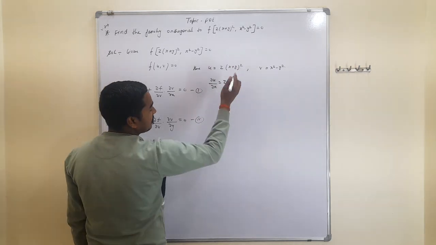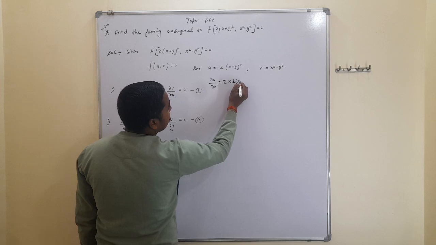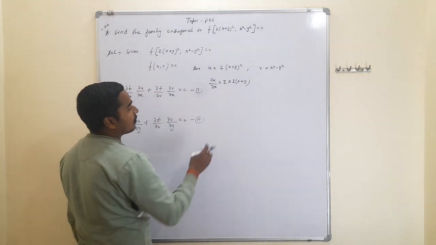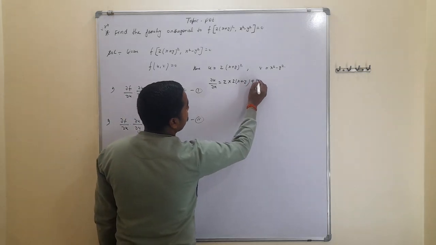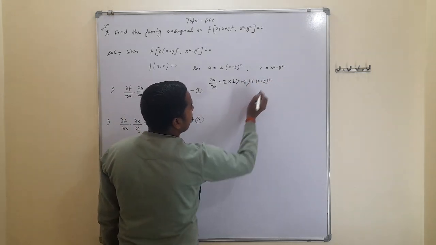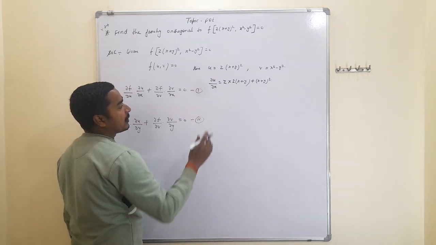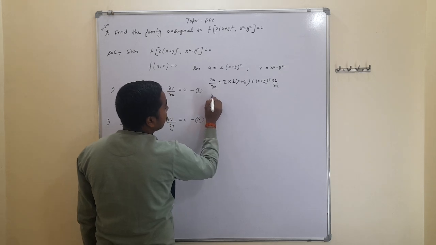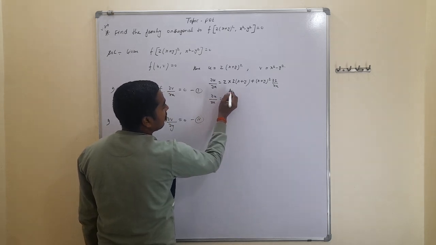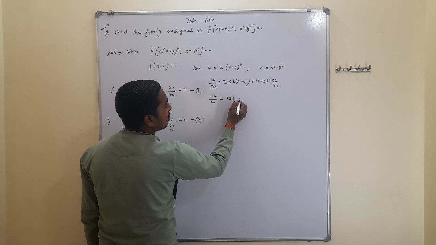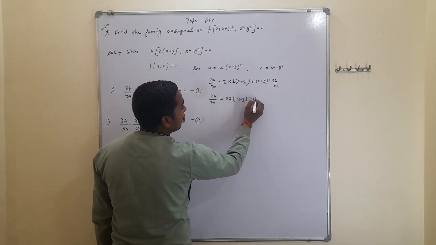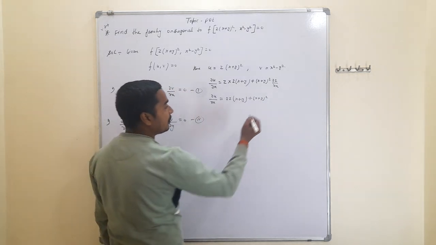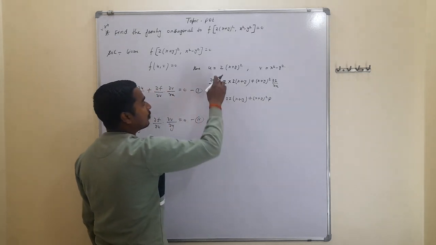Differentiating with respect to x, this is given by 2 times (x plus y), and again x plus y differentiating with respect to x is 1, plus (x plus y) whole square, and again z differentiating with respect to x gives del z upon del x. From here, del u upon del x is equal to 2z into (x plus y) plus (x plus y) whole square into p, where del z upon del x is written as p.